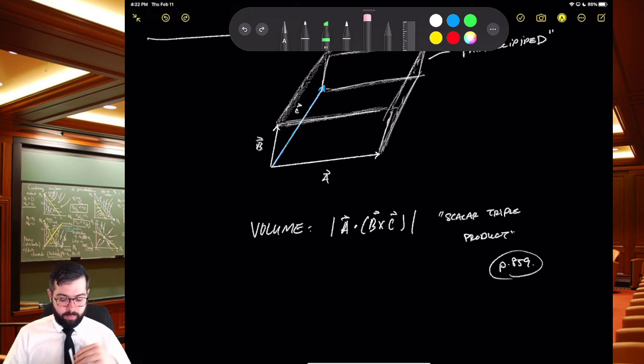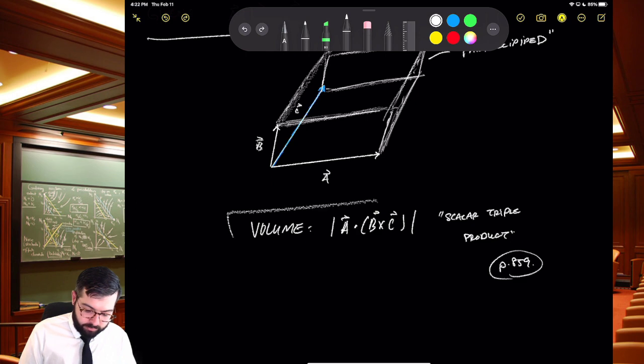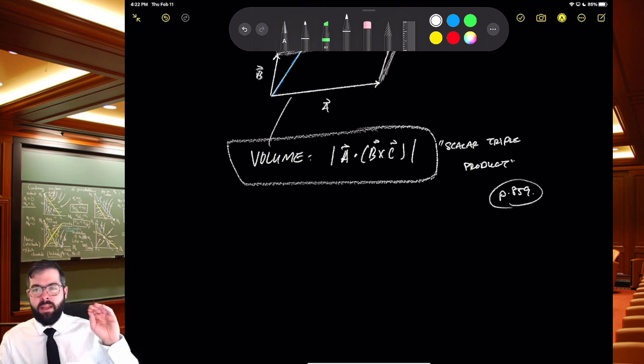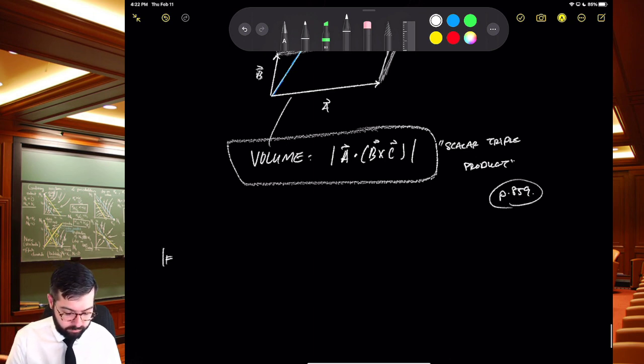So why this is helpful for us is that if I could determine that the volume of this thing were 0, what would we know?